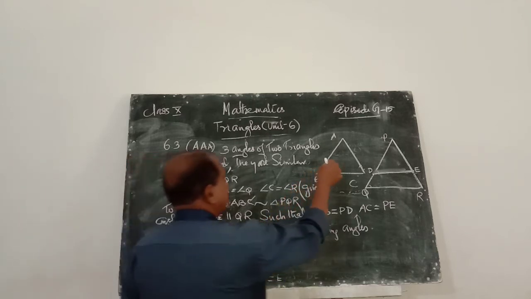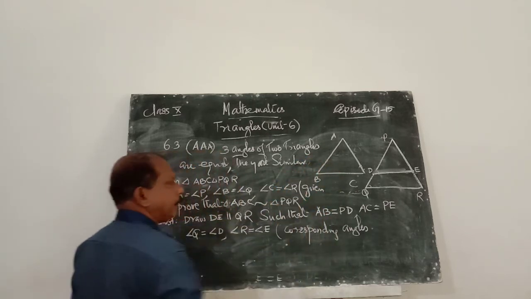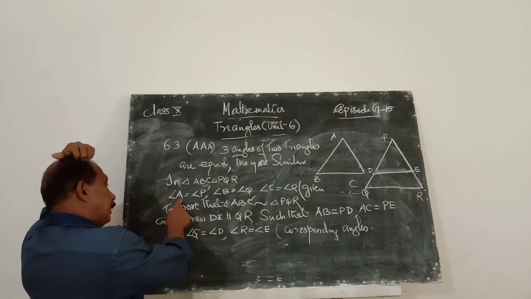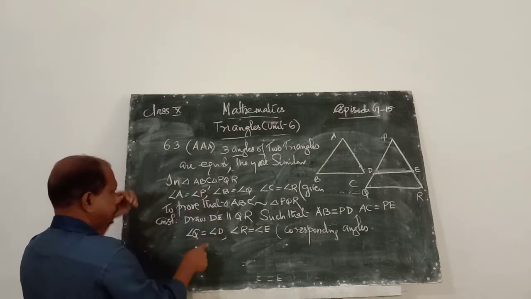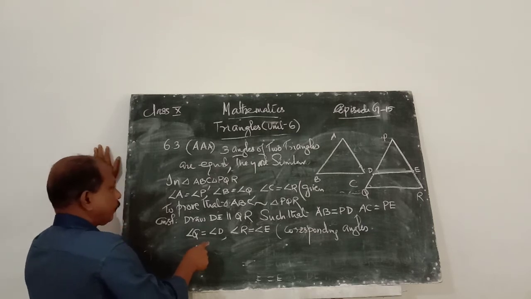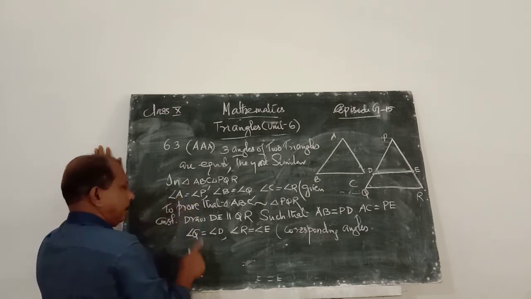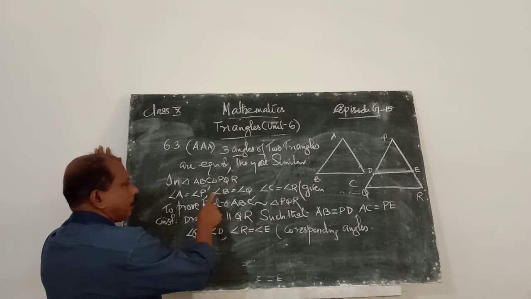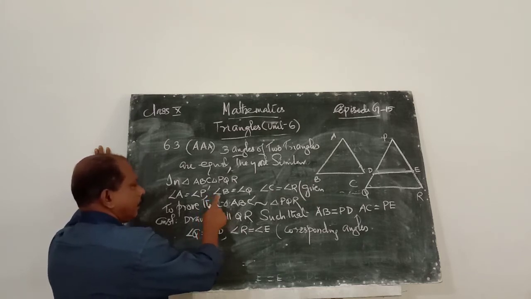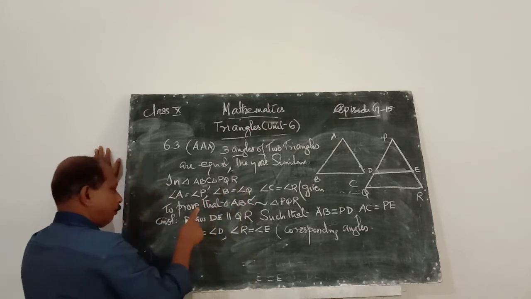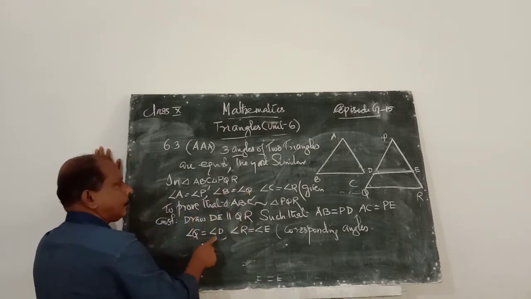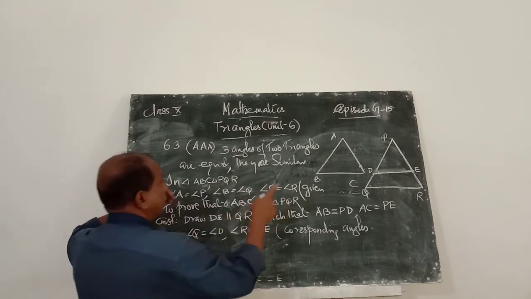We know that angle A is equal to angle P. Then angle B is equal to angle Q. Therefore, angle Q is equal to angle D, so angle B is equal to angle D.